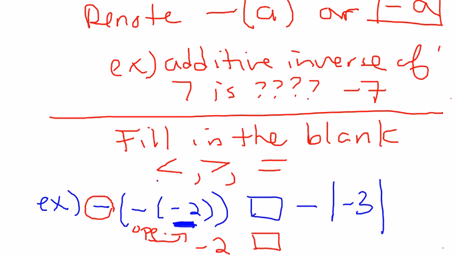Now over here, though, these are bars, right? So we always have to remind ourselves, okay, these are bars. That's absolute value. So absolute value of -3 is definitely 3. But you've got this negative sign floating out front, so now you're back to -3. All right? So we think it through. So -2 blank -3. -2 is bigger than, greater than -3.